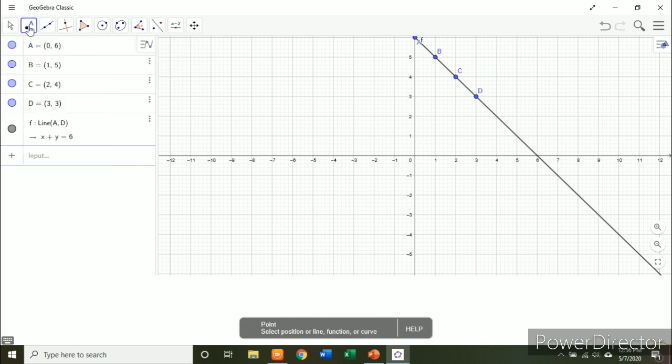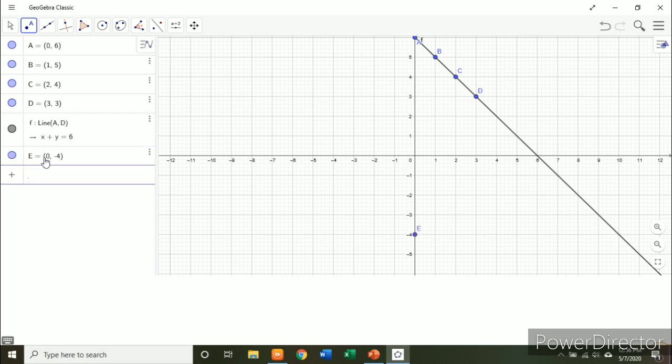Now again plot the remaining 4 points for the second equation. First point for the second equation is 0, minus 4. So this is the point E, representing 0, minus 4. Second point 1, minus 3.